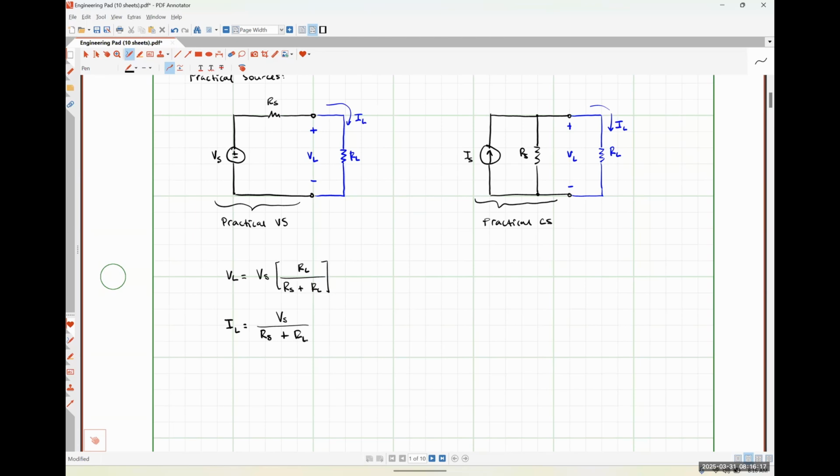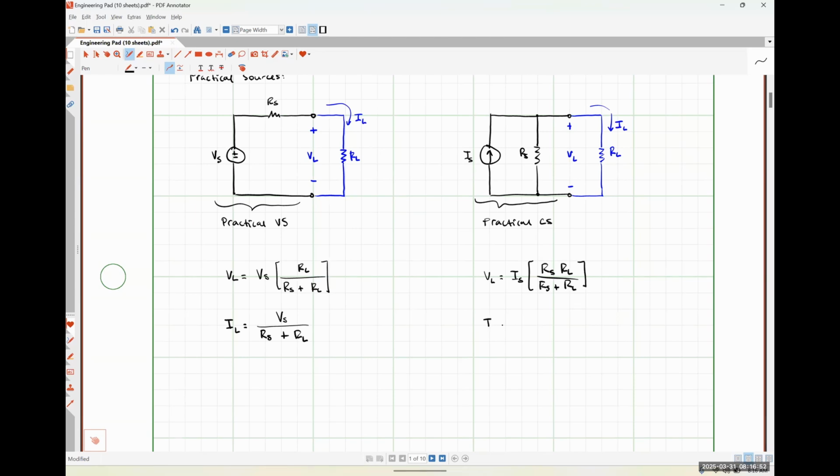All right. So now let's do the right-hand side, okay? To find my voltage VL over here, I'm going to use Ohm's law. So the voltage drop VL will just be IS times the parallel combination of RS and RL. So that's going to look like IS times RS times RL over RS plus RL.